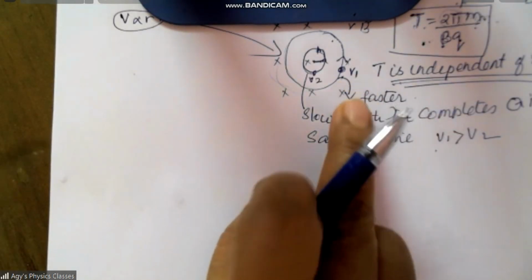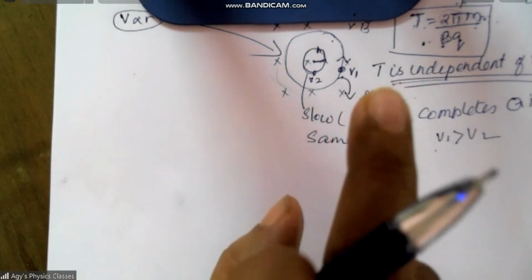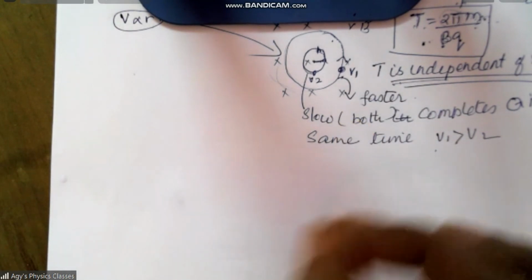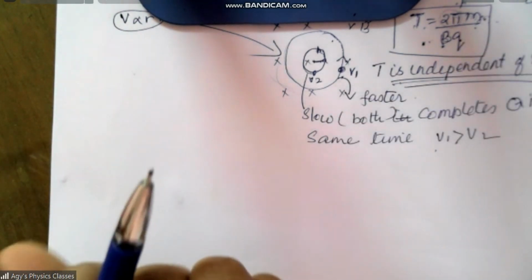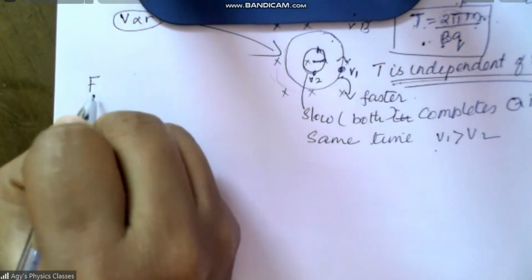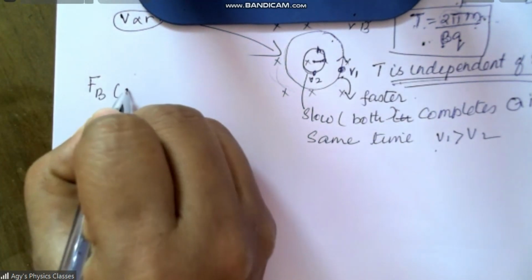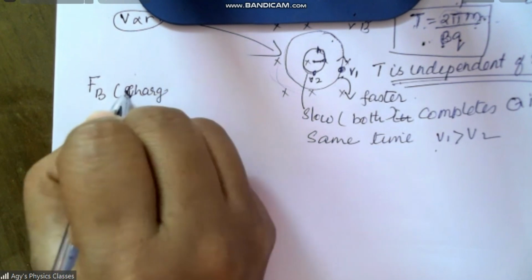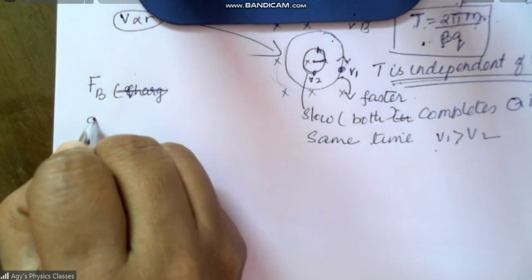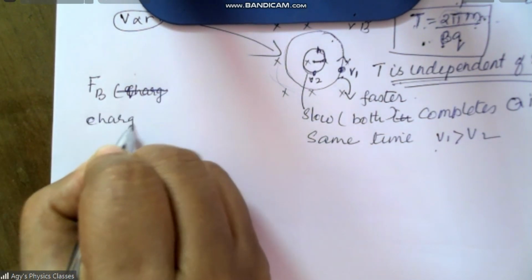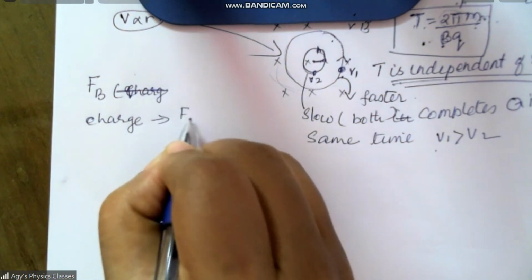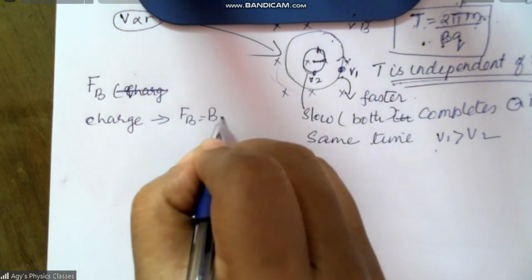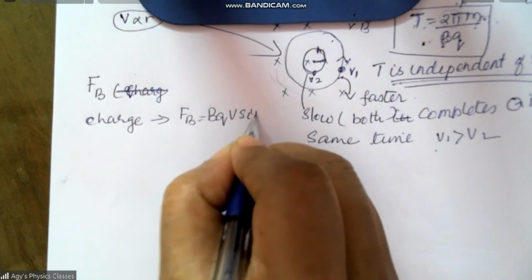Okay, so this was what? Motion of a single charge in a magnetic field. So force due to magnetism on a charge: when a charge is in a magnetic field, force due to magnetism is equal to BQV sine theta.